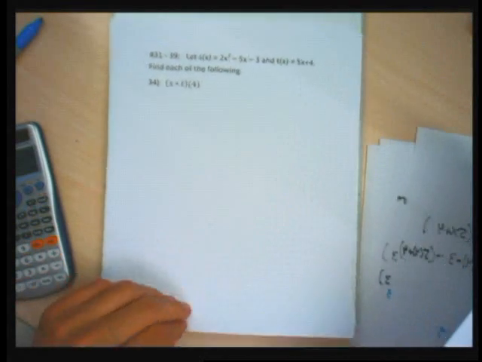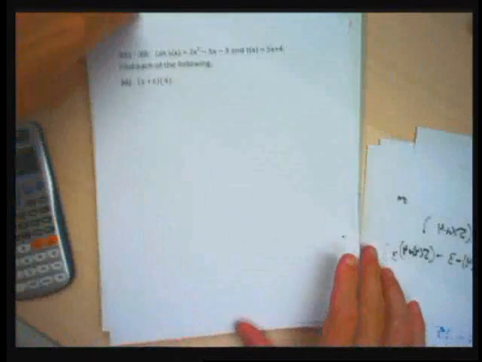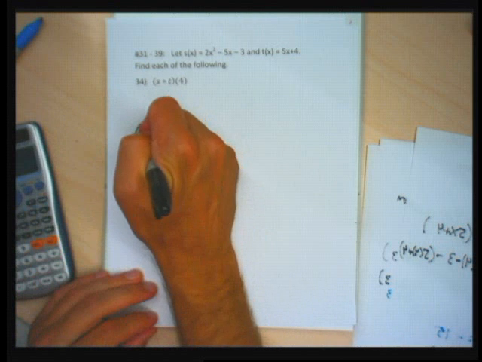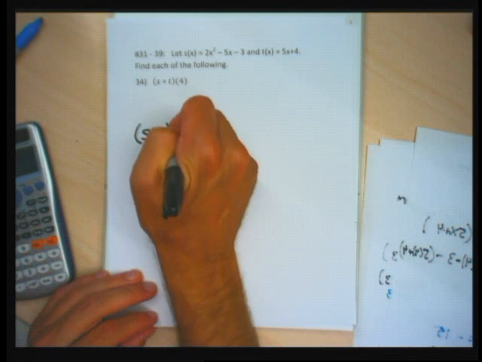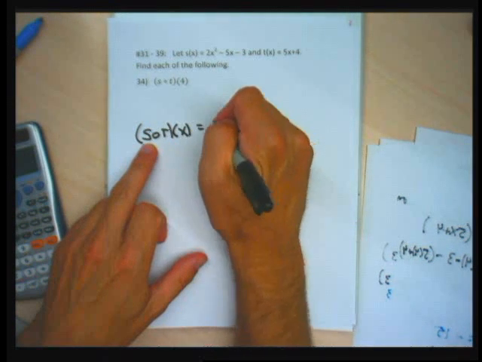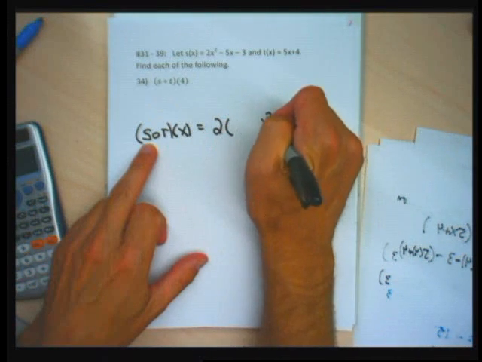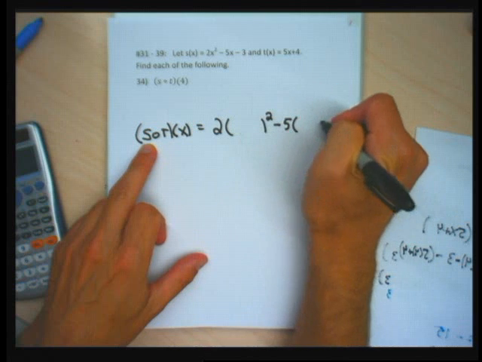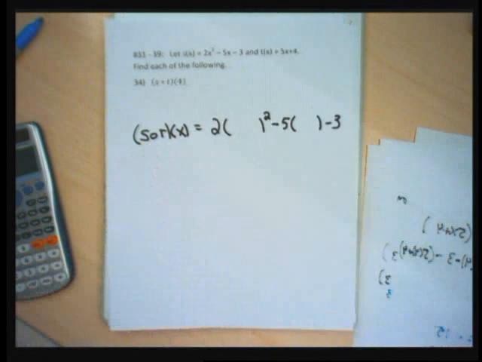34, s composed with t is a nasty with the x. So s composed with t of x, I need to replace the x's in the s function with the t function. That's horrible by hand with the letter x.